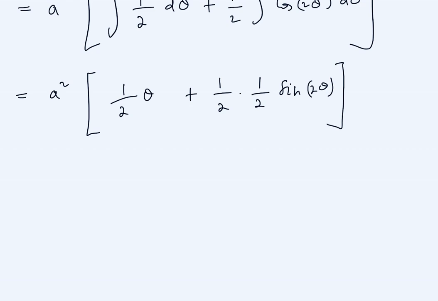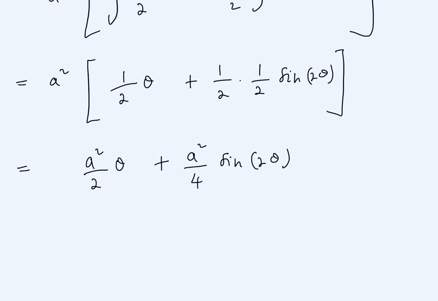So we go ahead and simplify this. We can multiply the a squared inside the bracket now. So we've got a squared over 2 multiplied by theta, plus a squared over 4 multiplied by sine 2 theta.